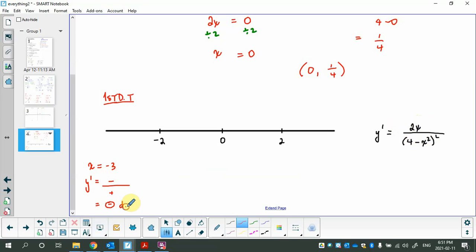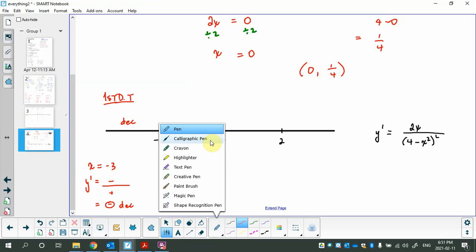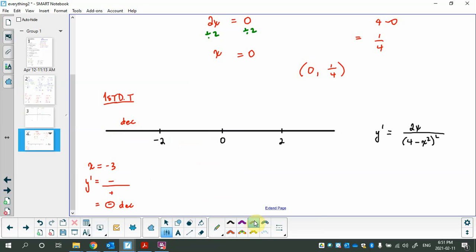And a negative means decreasing, which is worth putting on the number line, because we're going to reach back and not worry about anything except this, which we already knew. Sometimes we gain new information, and whatever the result is from the first derivative test, you're just going to look at the picture and what's going on. If it helps you, my suggestion is remind yourself that these were your vertical asymptotes.